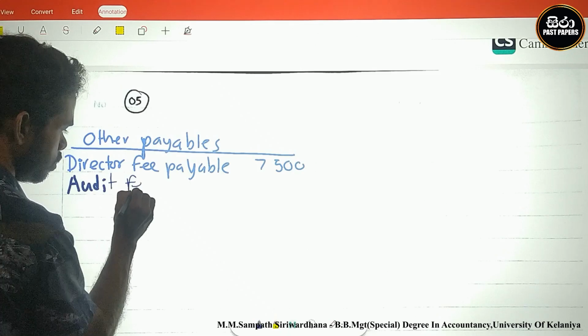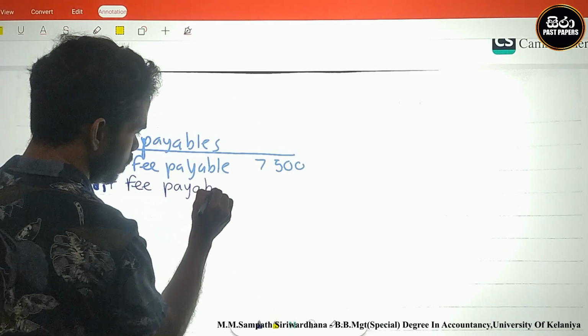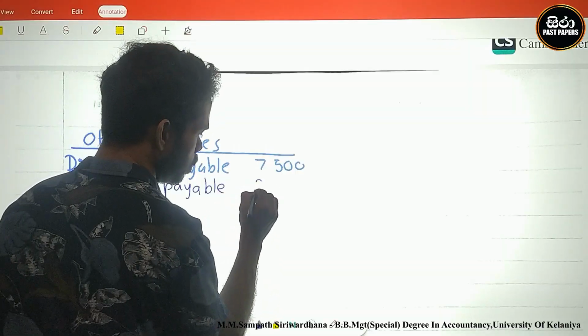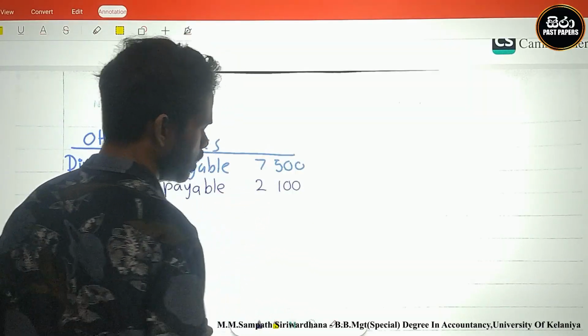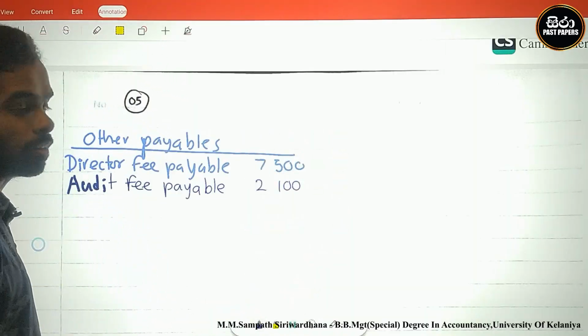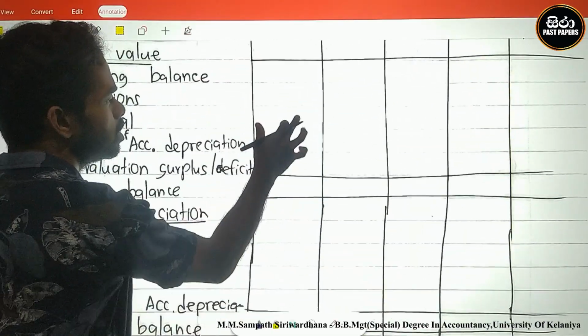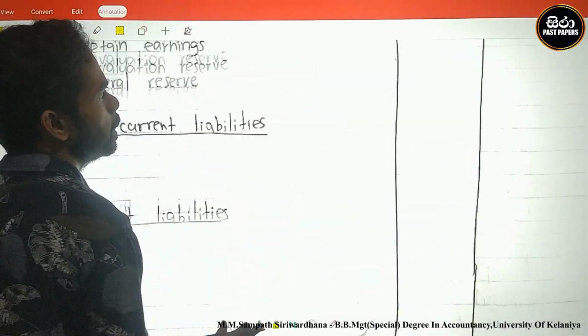Audit fee payable 2,100. And what is the other one? Administration expense 2,100 must be identified.